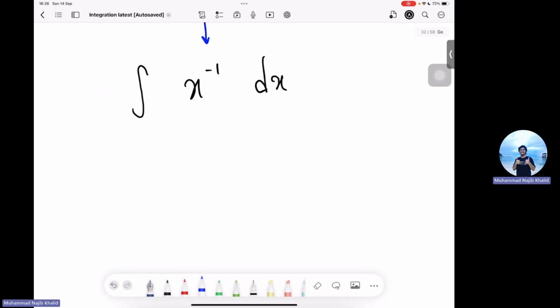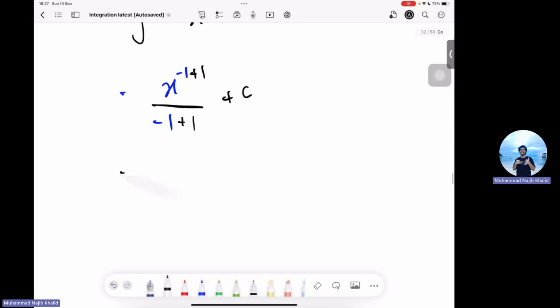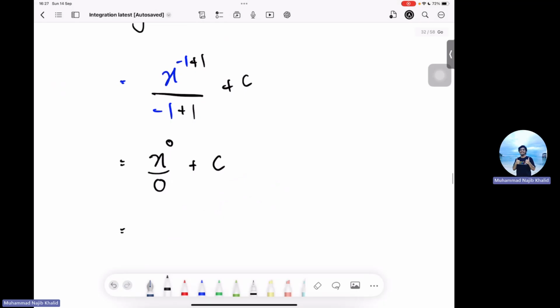From there, we get the answer equal to x^(-1+1) divided by (-1+1) plus c, which becomes x^0 over 0 plus c, and the answer will become infinity and beyond.